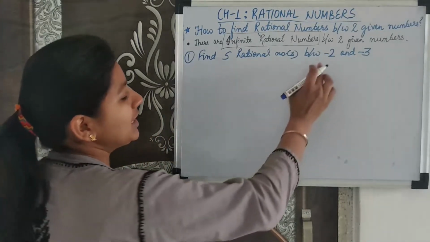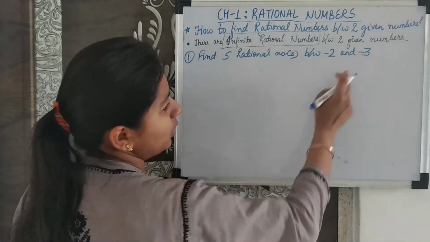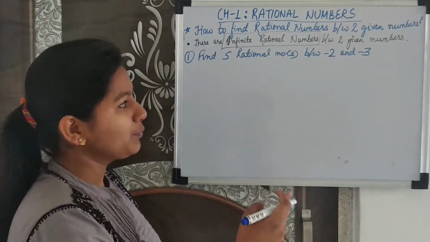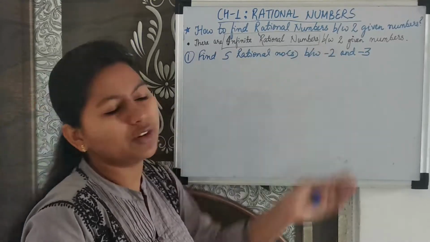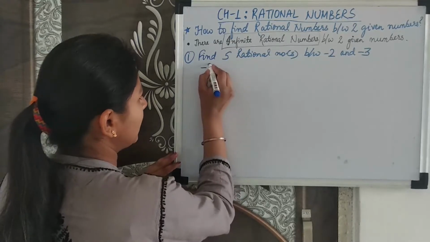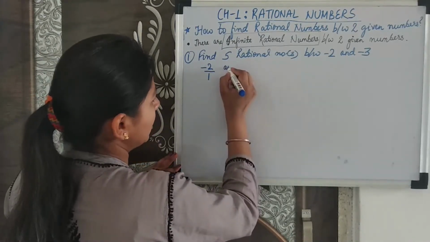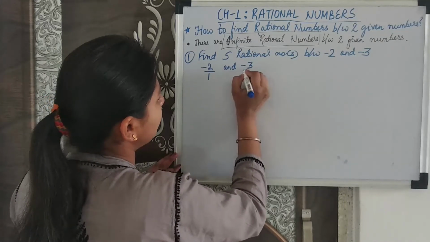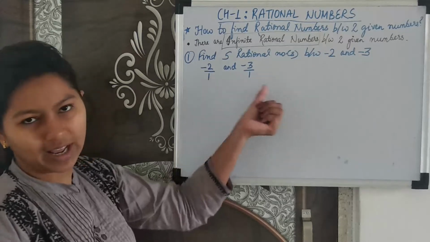So first thing, they want rational numbers, but -2 and -3 are not looking like rational numbers right now because they are not in the form of P upon Q. So we have learned that when there is nothing in the denominator, we will take it as 1. Now it will become -2 by 1 and -3 by 1. So these are two rational numbers.